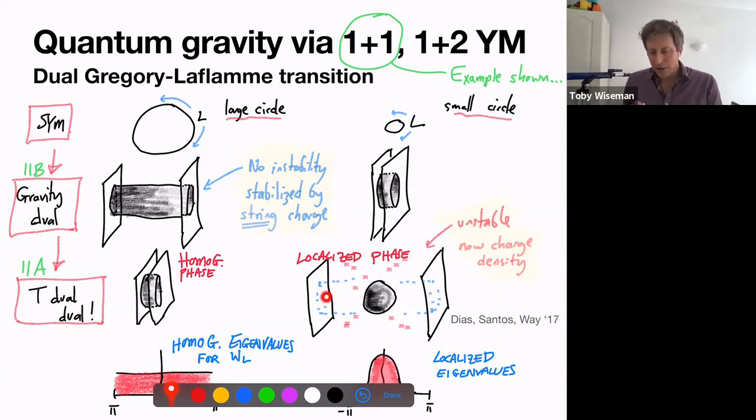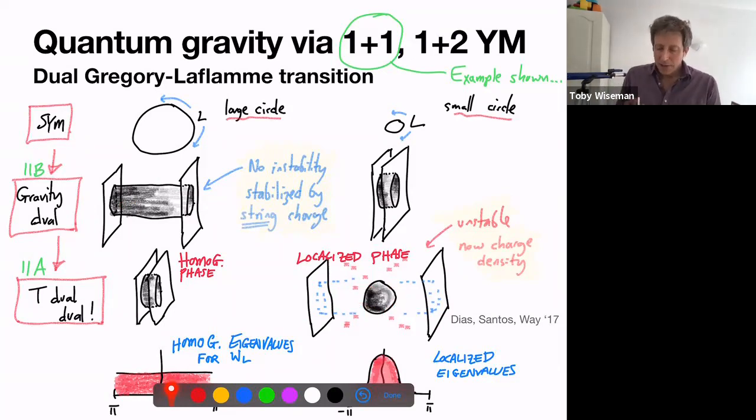And so it can decide whether it wants to be uniformly distributed or not. And that's precisely where Gregory-Laflamme tells you that generally things want to clump, want to localize on the circle. And it turns out when you do detailed calculations, indeed here, the homogeneous phase, where it's like a string like this, is unstable to a Gregory-Laflamme instability. And really, it wants to localize.